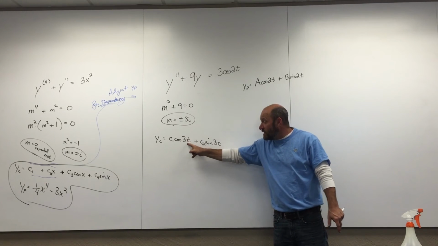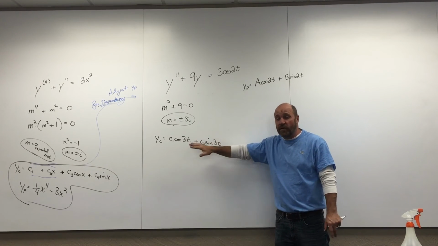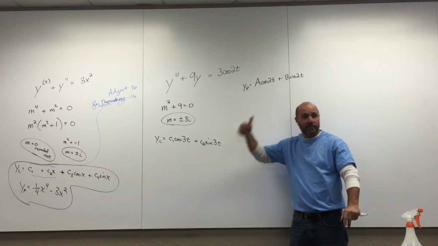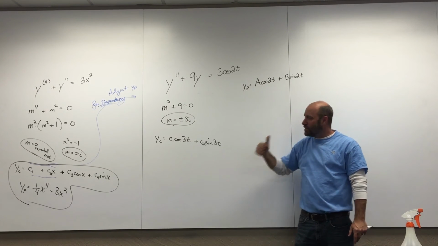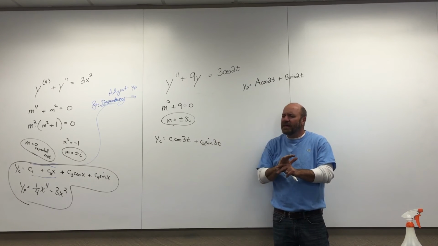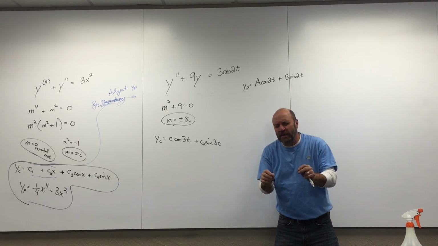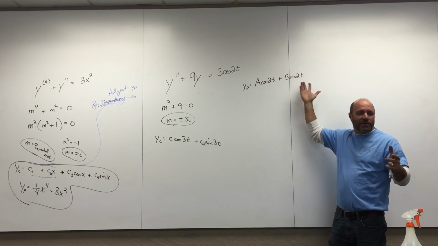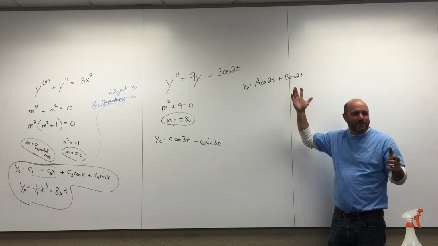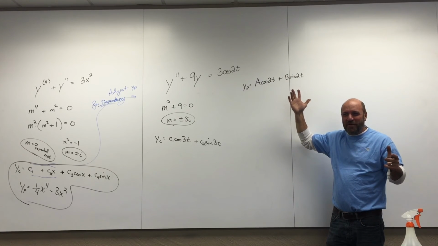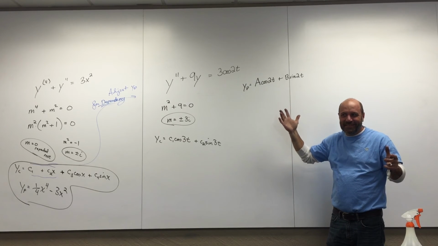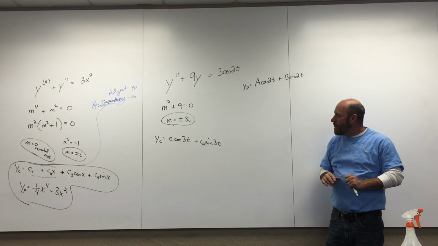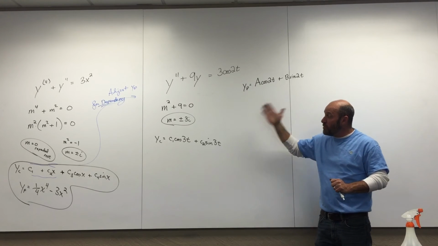Cosine 3t and sine 3t are different. They're not dependent on the 2t's. They're different functions. Cosine 3t, sine 3t are linearly independent from cosine 2t, sine 2t. Somehow we should have learned that in 4.1, I guess. Okay, so there's no dependency.